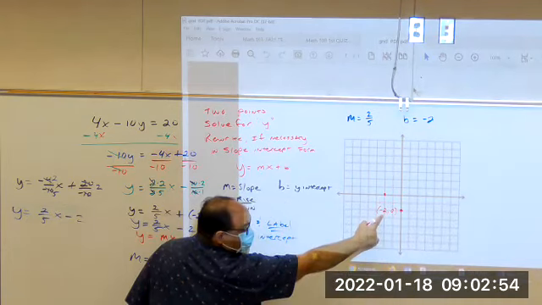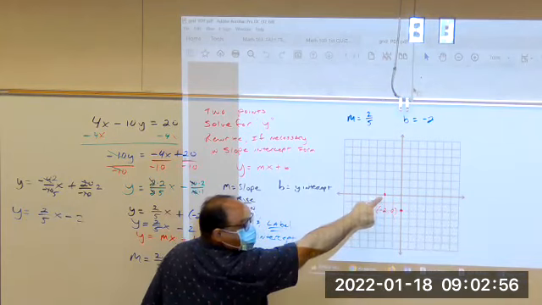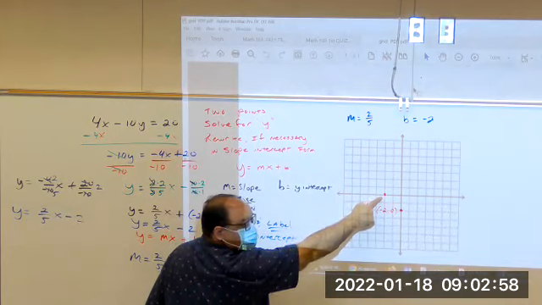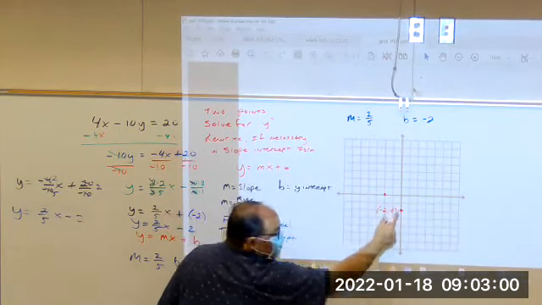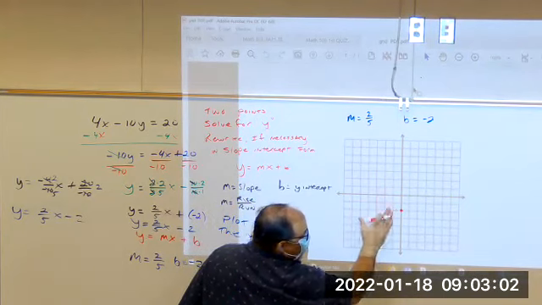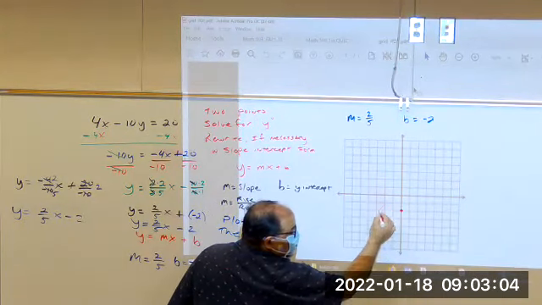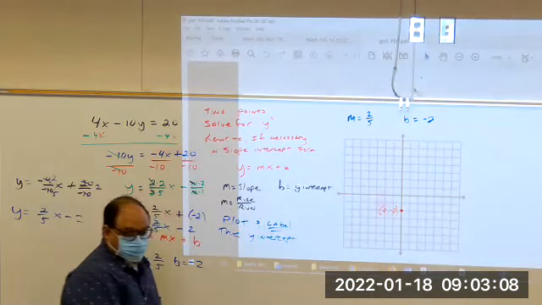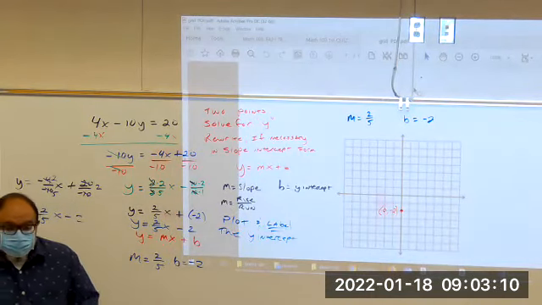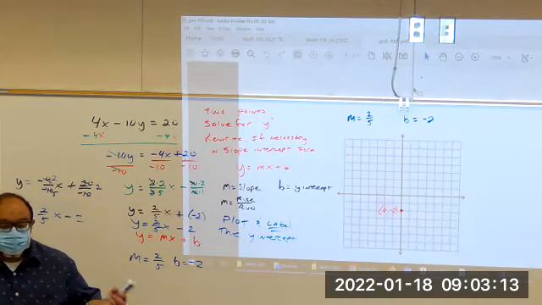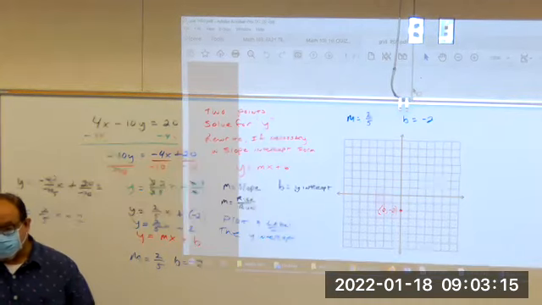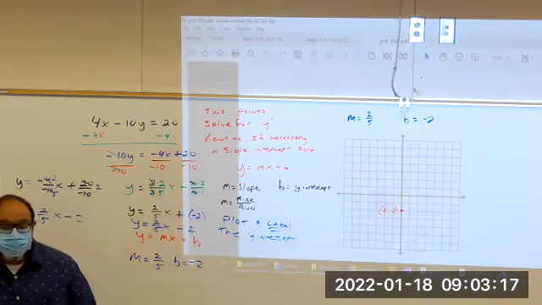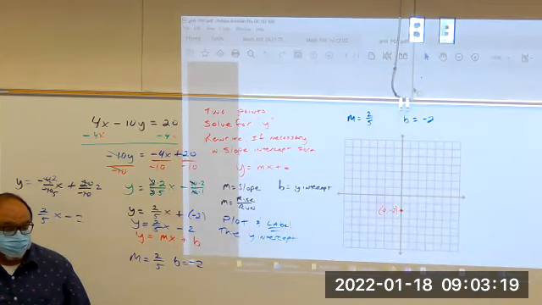If X is -2 and Y is 0, then that's the point you just called it. This right here on the Y axis, X is a 0, Y is a -2. If you write something down that's wrong, so if you label it incorrectly, you'll lose 1 point.